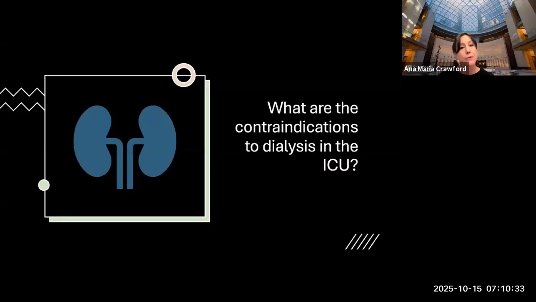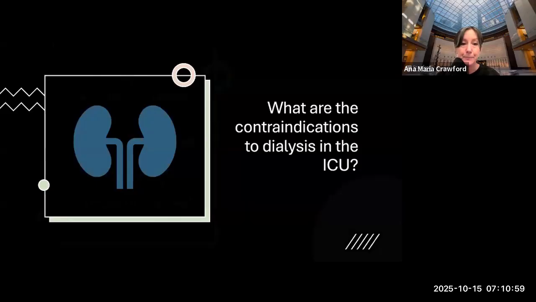Some of the things that we can do for those patients is to use regional citrate anticoagulation or heparin-free circuits. In resource-constrained settings or overwhelmed ICUs, the availability of these machines, trained staff, and replacement fluids may actually limit how feasible it is for us to do dialysis or CRRT.